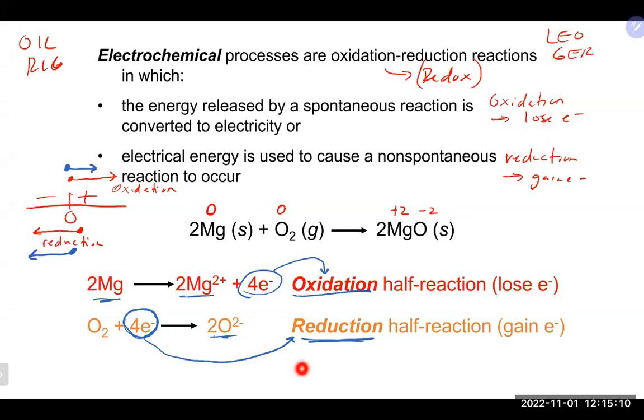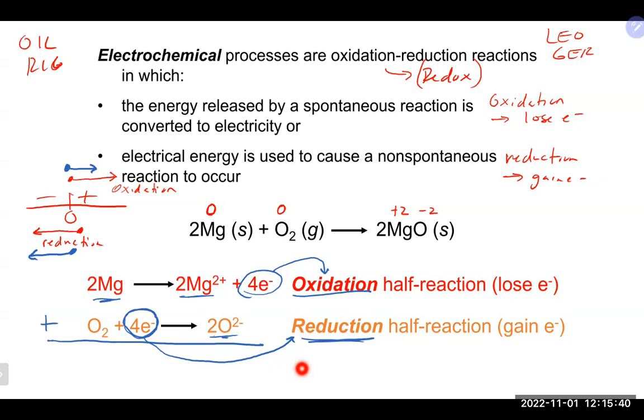These two half reactions are called half reactions because if you add them back together, you get the overall reaction. What should always happen before you add them together is you always need the same number of electrons in each half reaction. So however many electrons are lost by one should be how many electrons are gained by the other. That may require, in some cases, the half reaction to be multiplied by a common number, or maybe both half reactions to be multiplied by numbers.